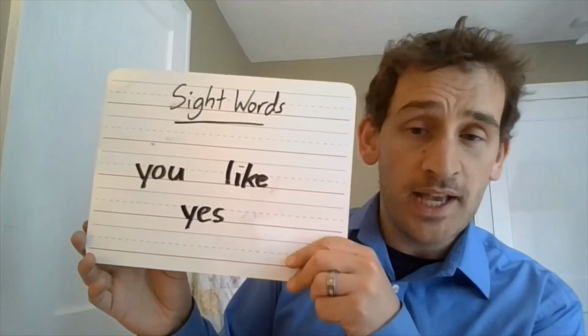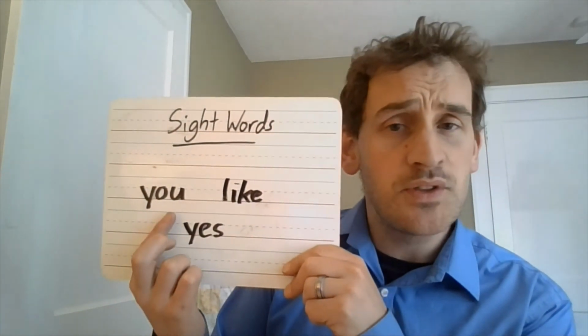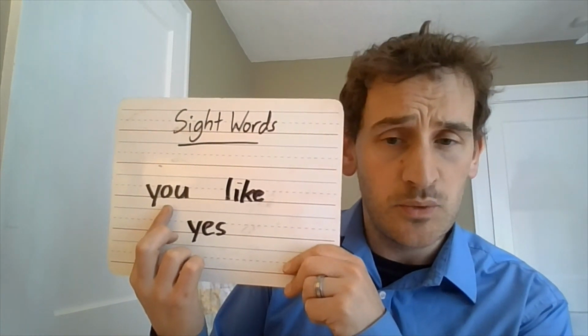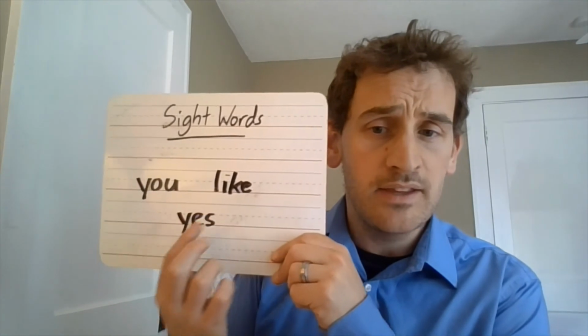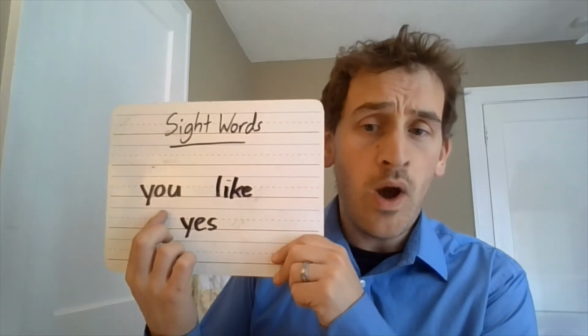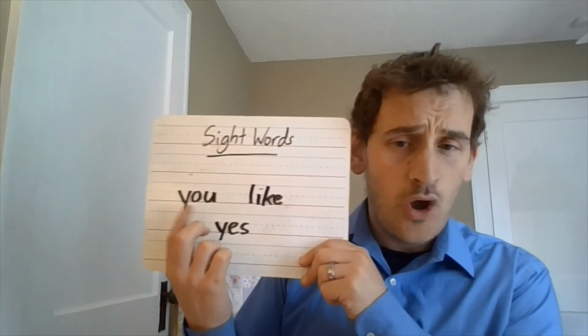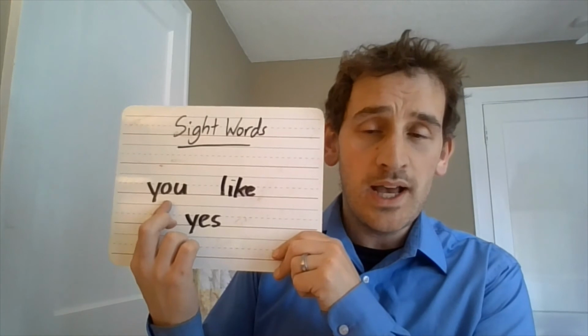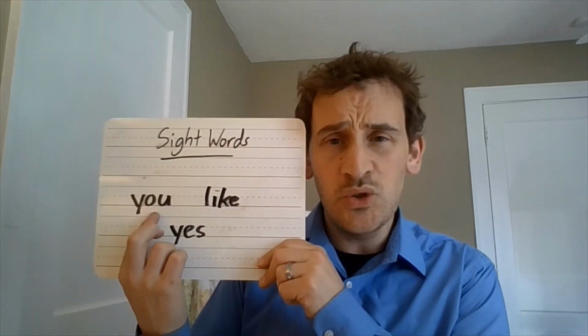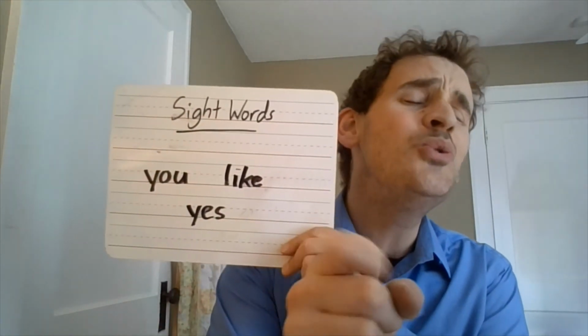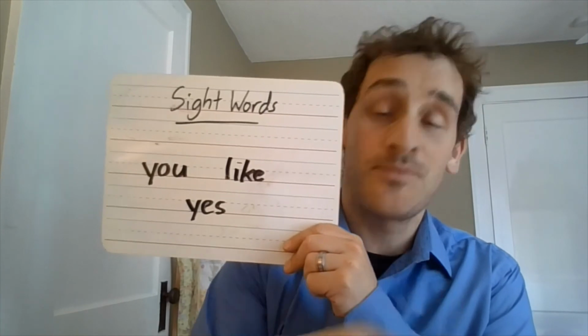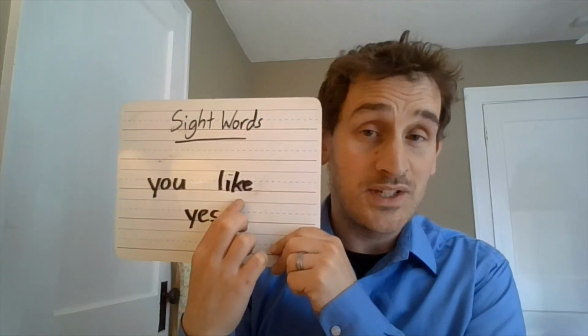Finally, we're going to do a couple of sight words. These are words in the stories that you just need to know. This is the word you, this is the word like, this is the word yes. Y-O-U spells you. Y-O-U spells you. This is a song you can sing to your mom.